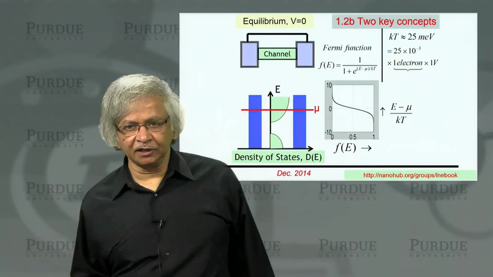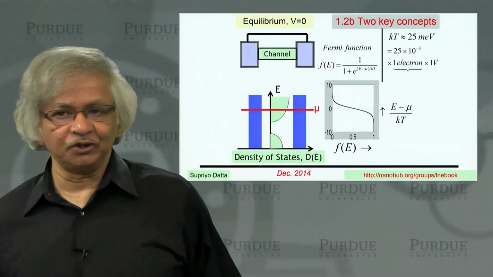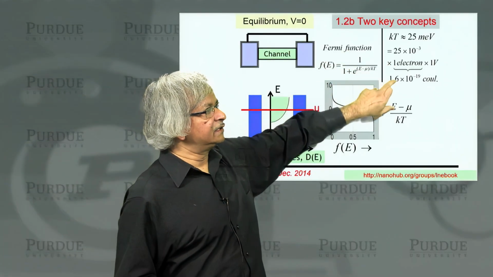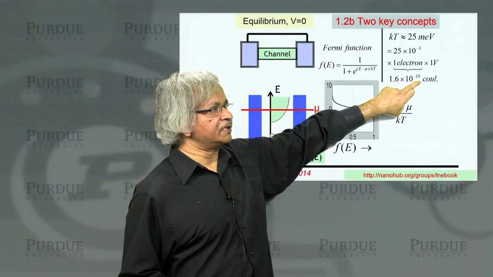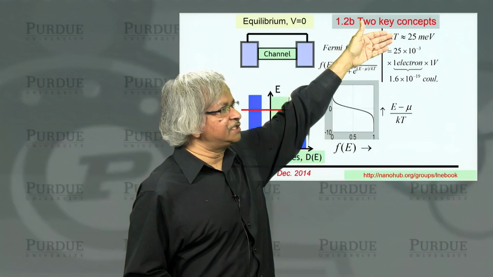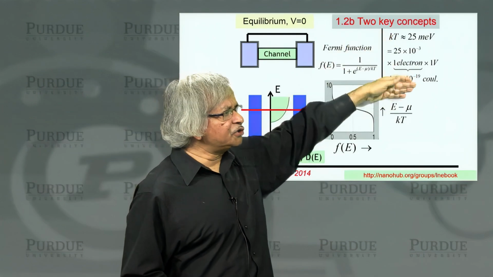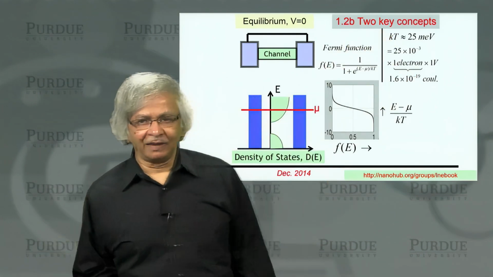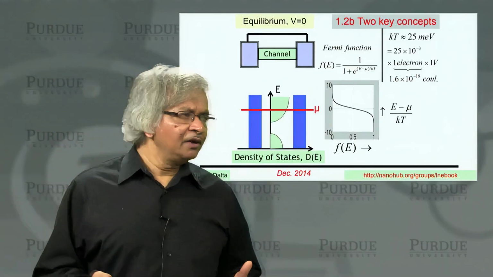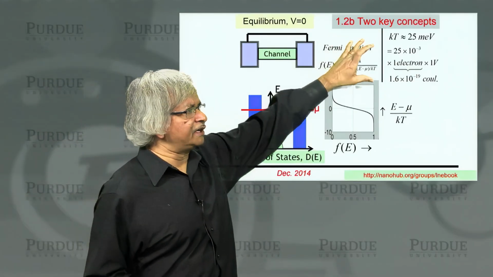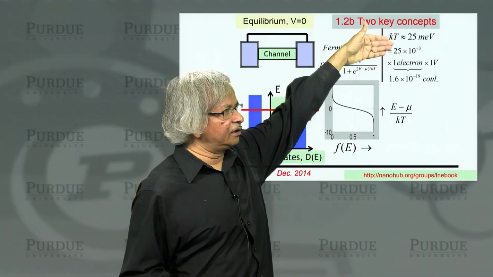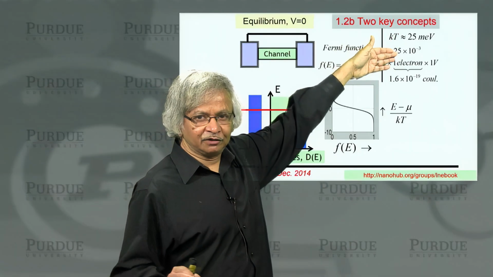How would you convert it to MKS units, if you want joules? Well, 1 electron is 1.6 times 10 to the minus 19th coulombs. So if you wanted to write energies in joules, you'd always be carrying around this 10 to the minus 19th type of thing with you. That's inconvenient, and so when you talk of energy, you talk in terms of electron volts. But you should be clear on how to handle the units and how to convert them.